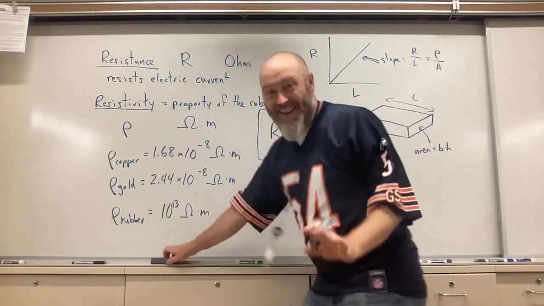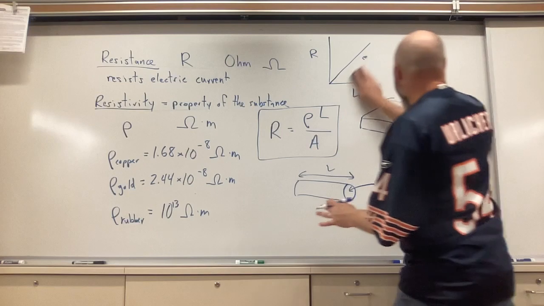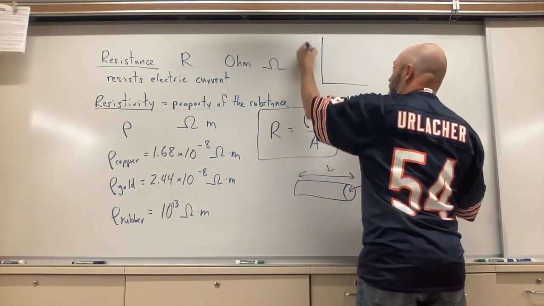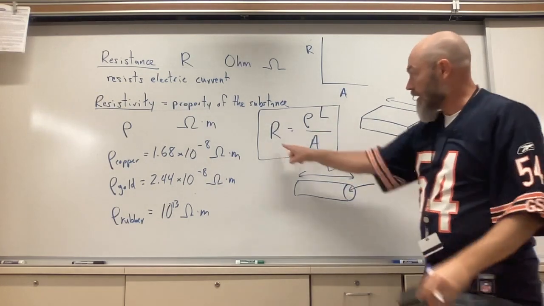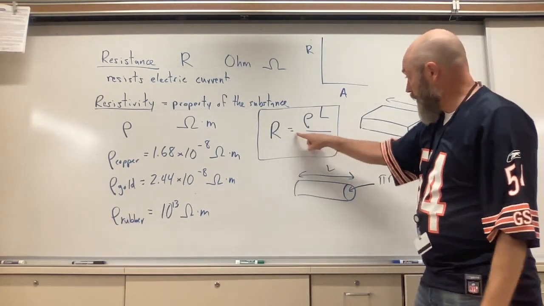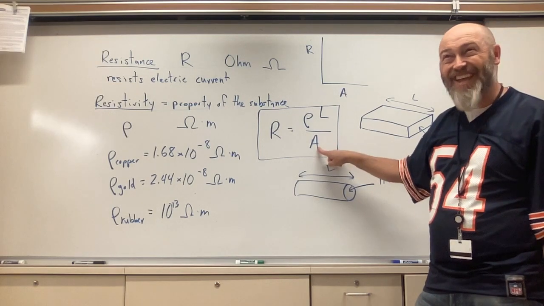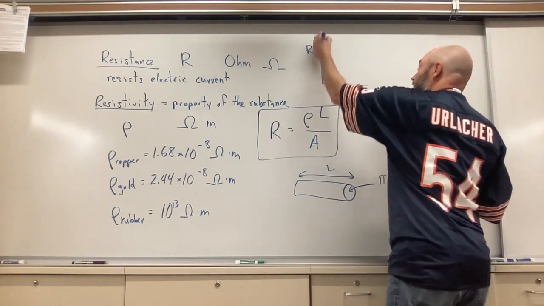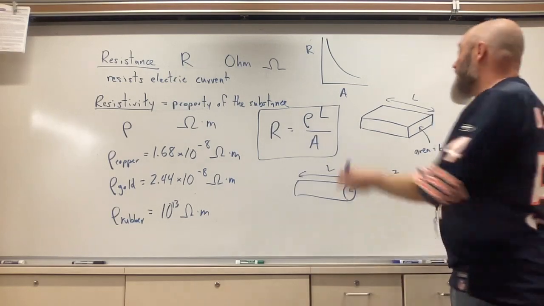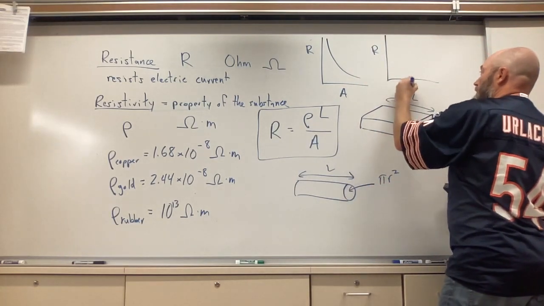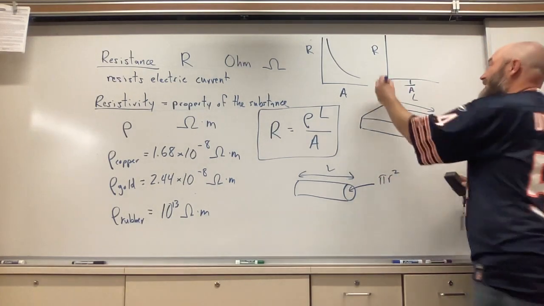You know, if I had this instead, if I said, hey, I'm going to graph R versus A. Well, hey, look, R is proportional to 1 over A. Oh, what is that? That's an inverse graph. If I wanted to linearize it, I would have to graph 1 over A. And then that would be a line.